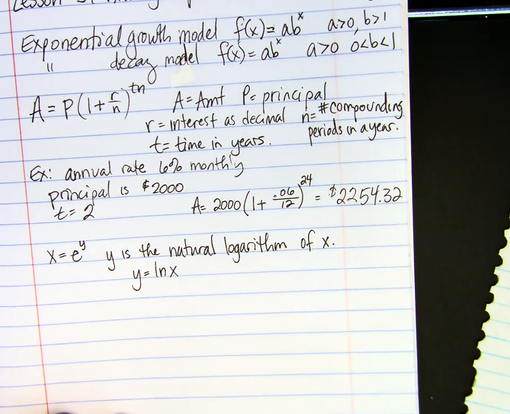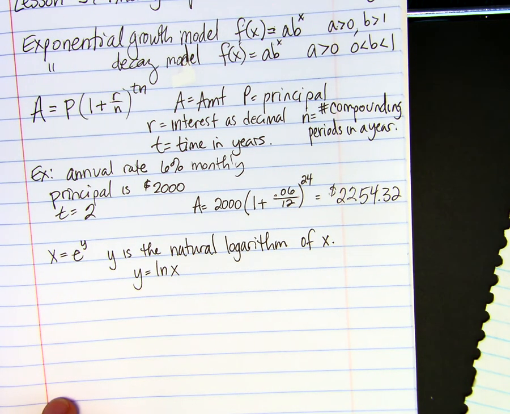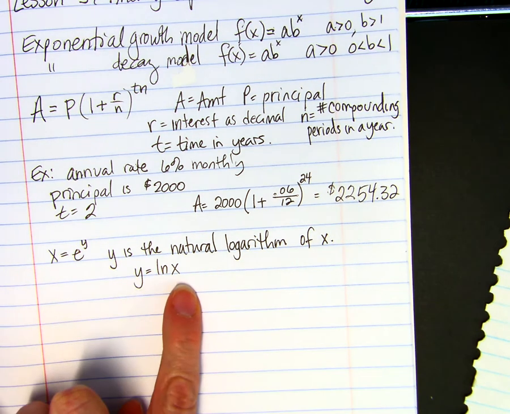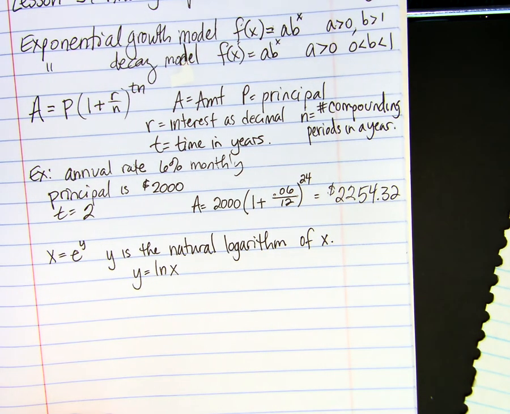That is, if e to the y equals x, then y is called the natural logarithm of x, and the abbreviation is y equals natural log of x.